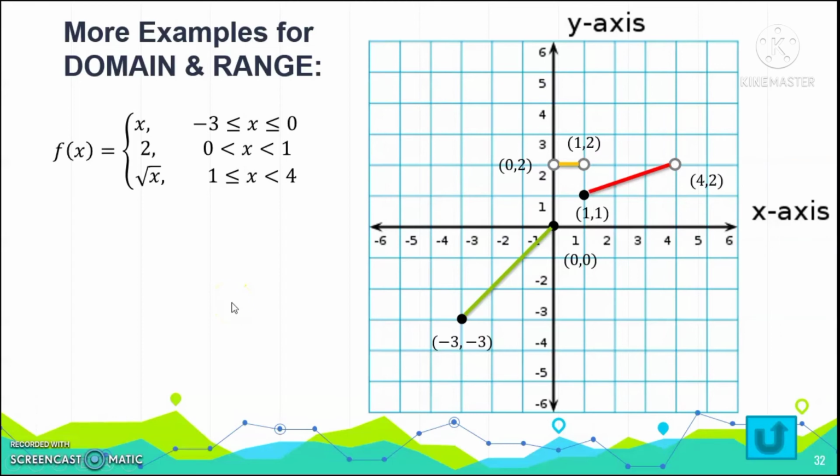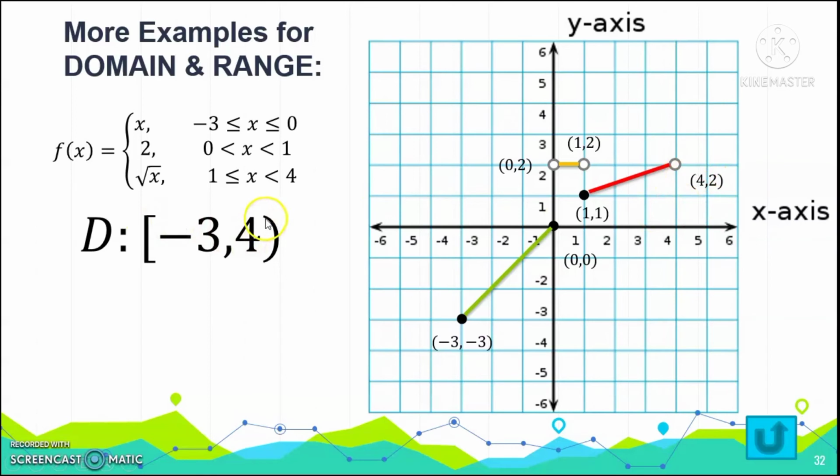So what is our domain here? Our domain is the lowest possible x value, which is -3, so we have here -3. We use the bracket since -3 is included, that is a solid dot. And then the highest possible value for our x is equal to 4.